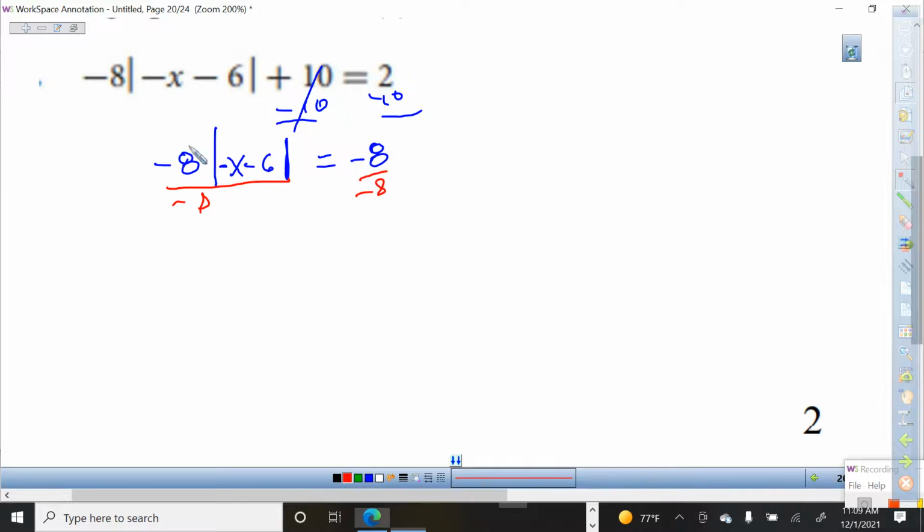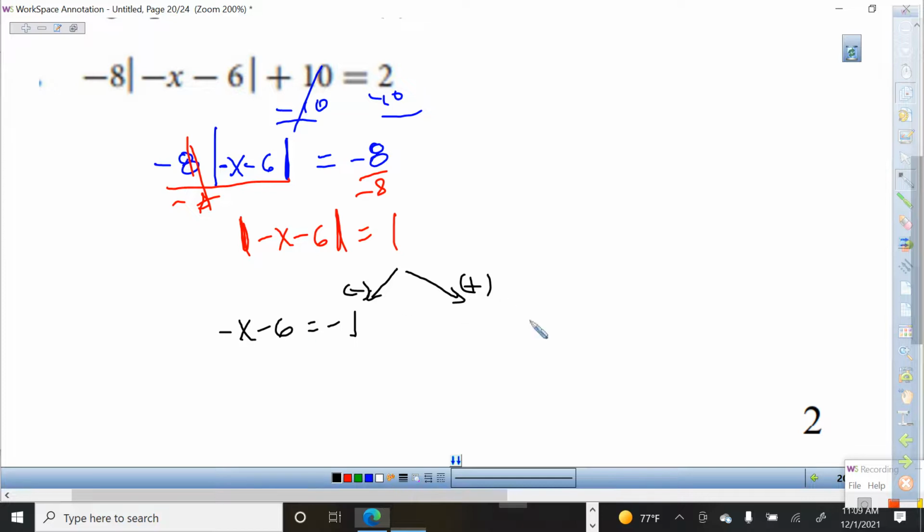That leaves us with the absolute value of negative x minus 6 equals 1. So far so good, yes? From there, we're going to write 1 twice, 1 as a negative and 1 as a positive. So this is negative 1 equals whatever's inside, and positive 1 equals whatever's inside.